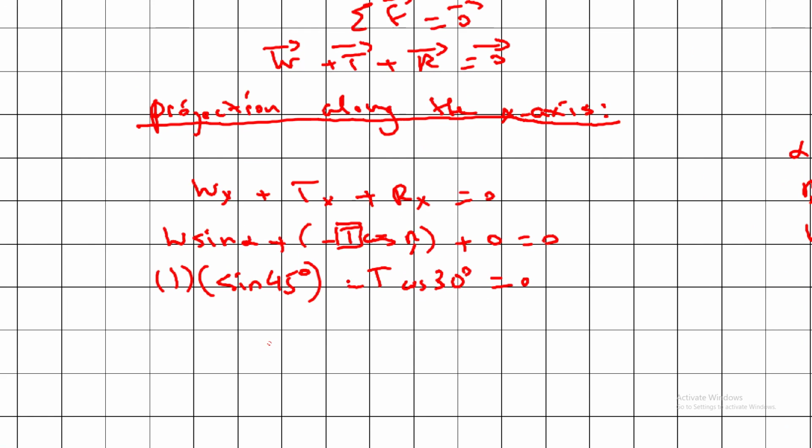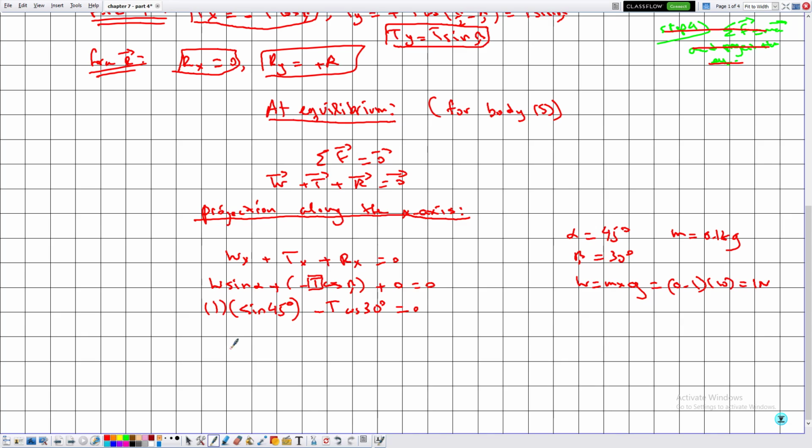Then solving for t, we obtain that the value of t is equal to sine 45 divided by cosine 30, which is equal to square root 2 over 2 divided by half. Now this is equal to radical 2 newtons, so the value of t is equal to radical 2 newtons.